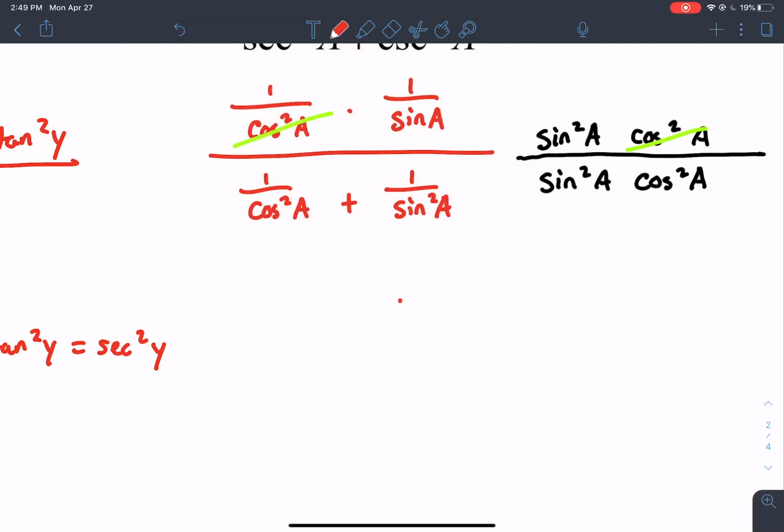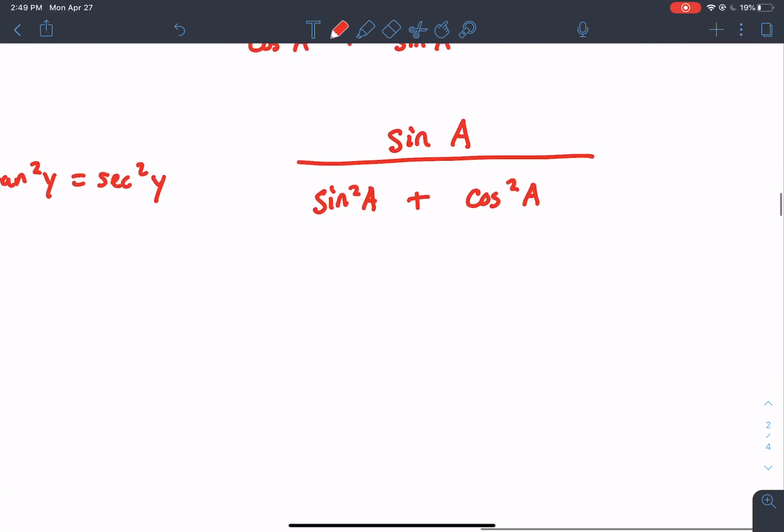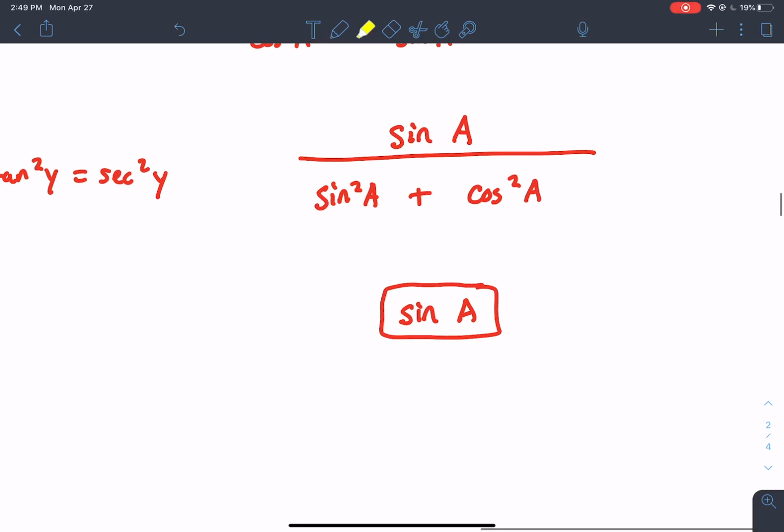So you're just going to be left with sine of A on the top. Then here you have two terms in the denominator. When you multiply the first one, cosine squared would cancel, so you got sine squared. And the second one, sine squared is going to cancel, and you're left with cosine squared, which at this point you should know turns into just 1. So you got sine over 1, which is just sine.